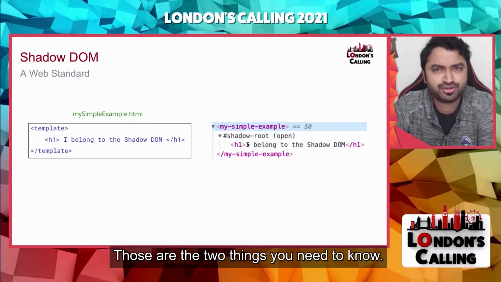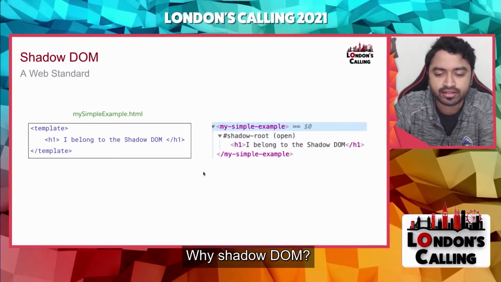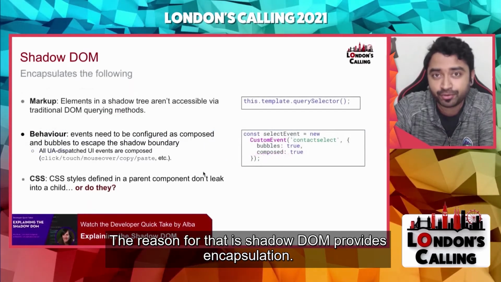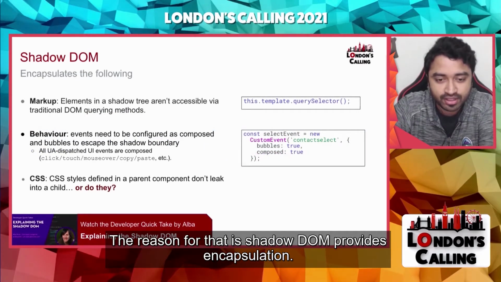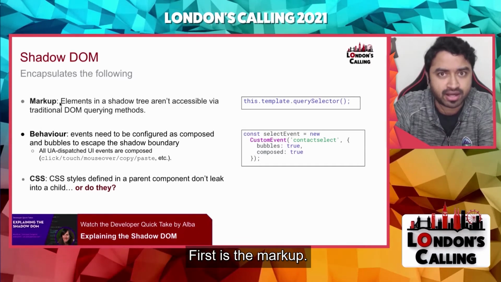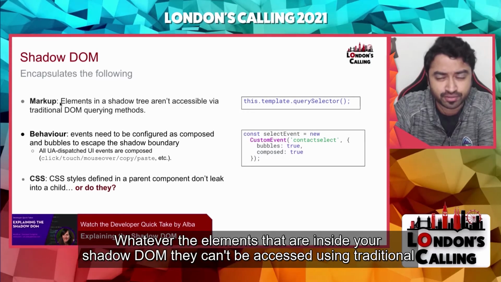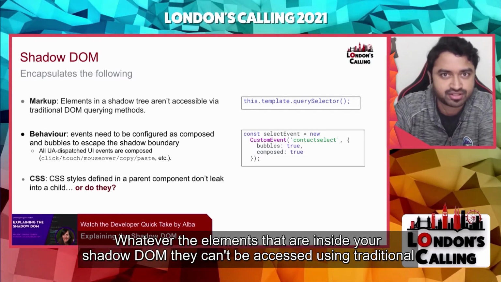One question you might get is, why Shadow DOM? The reason is Shadow DOM provides encapsulation. And encapsulation is provided in 3 layers. First is the markup. Whatever elements are placed inside your Shadow DOM can't be accessed using traditional methods.